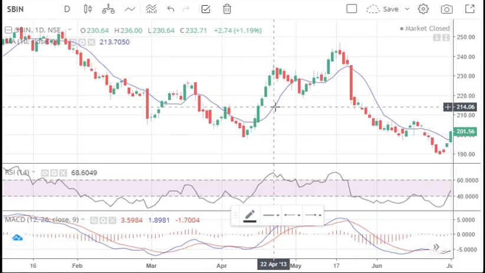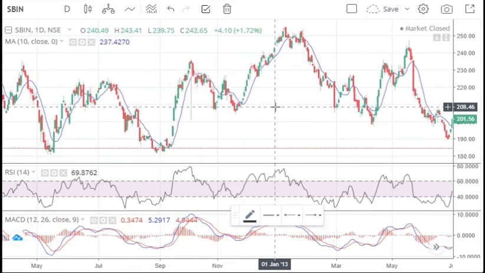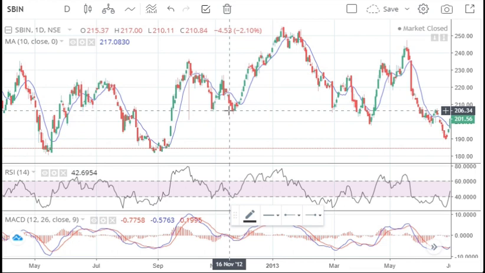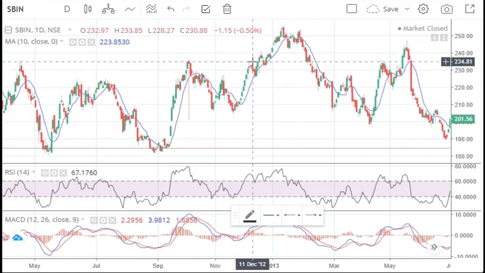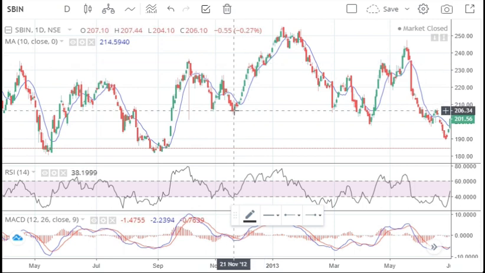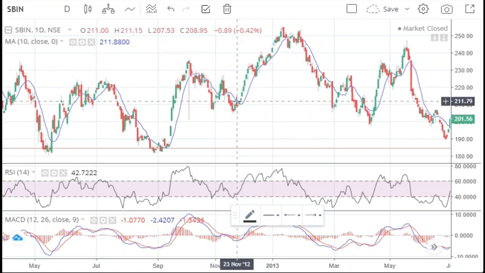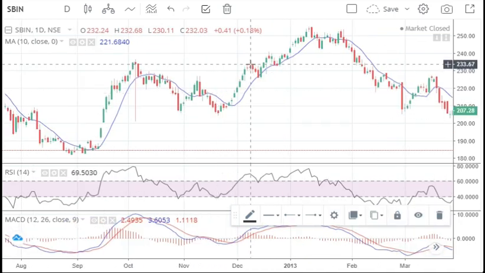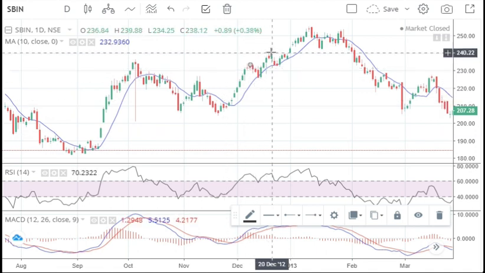So friends, as we all know, stocks move in trends, and every trend creates a wave. Each wave, the distance between the lowest point of a wave and the highest point of a wave, is called a swing. It's actually called a swing low and a swing high. So the distance between one low and one high in one move is called a swing.